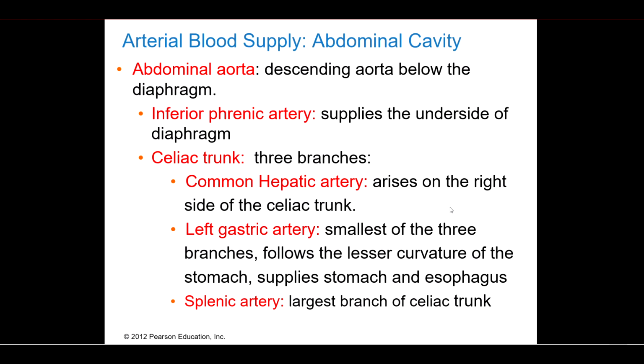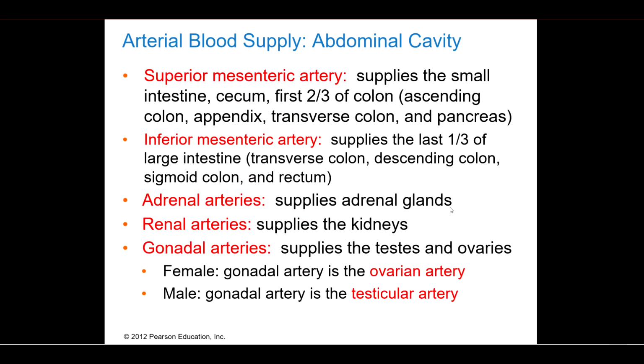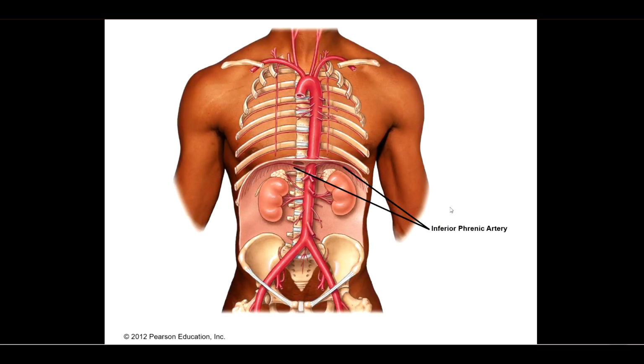The first blood vessel I want to show you coming off the abdominal aorta is known as the inferior phrenic artery. So take a look up here, the very first branch, one going to the left, and then right here going to the right, that right there, right at my cursor. That's the inferior phrenic artery, and basically it's supplying blood to the diaphragm.